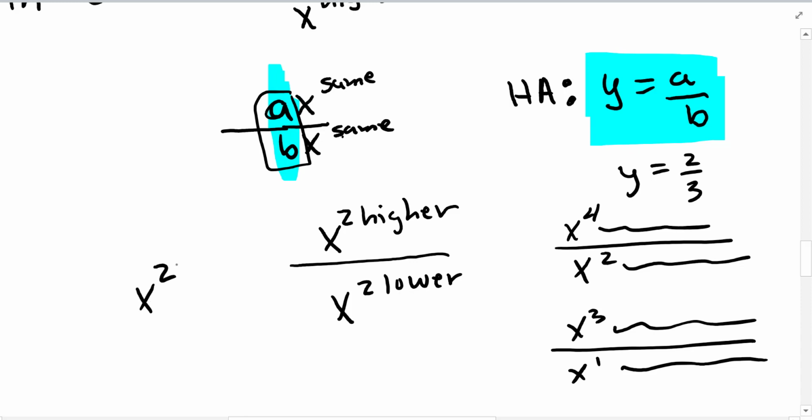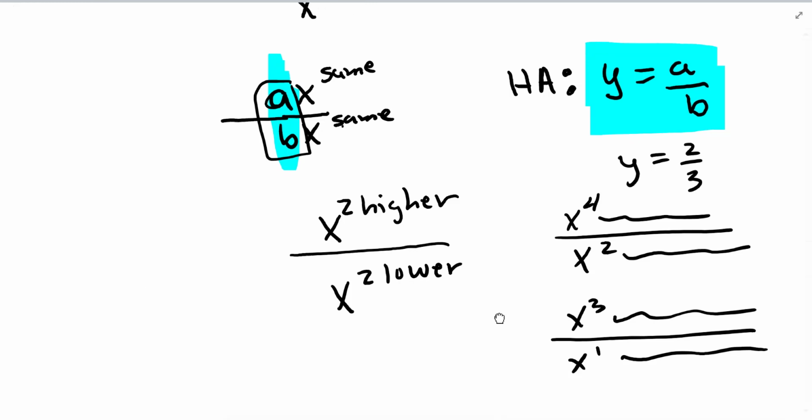You're going to end up with this quadratic. And so you're just going to treat it like, oh, I just have this quadratic equation now, because when you do long division, that's essentially what you're going to end up with. So there will not be a horizontal asymptote.